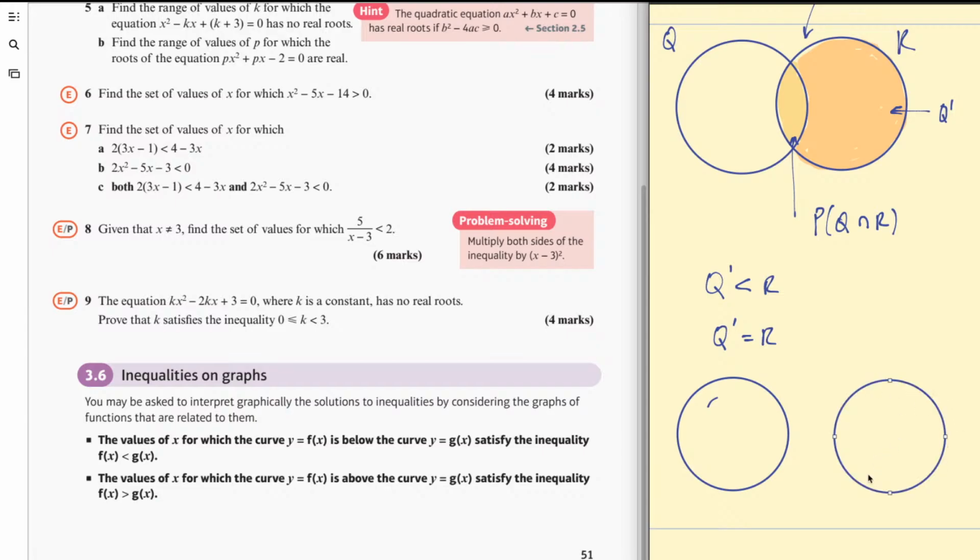They must be separate. So this set then is both R and the complement of Q over here. At least that's how I would think about it.